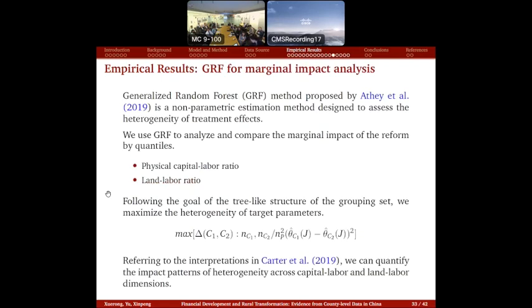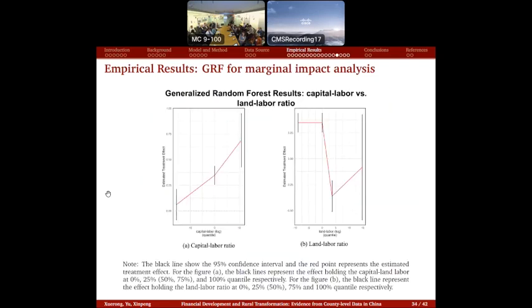And last, I would like to talk a little about the mechanism behind them. We use the generalized random forest to see the comparison of the physical capital labor ratio and land labor ratio. Following this method and the previous interpretations in Harding in 2019 to analyze the heterogeneous impact on the program, we can see that for the capital labor ratio, with the higher capital labor ratio, the effects can possibly be stronger.